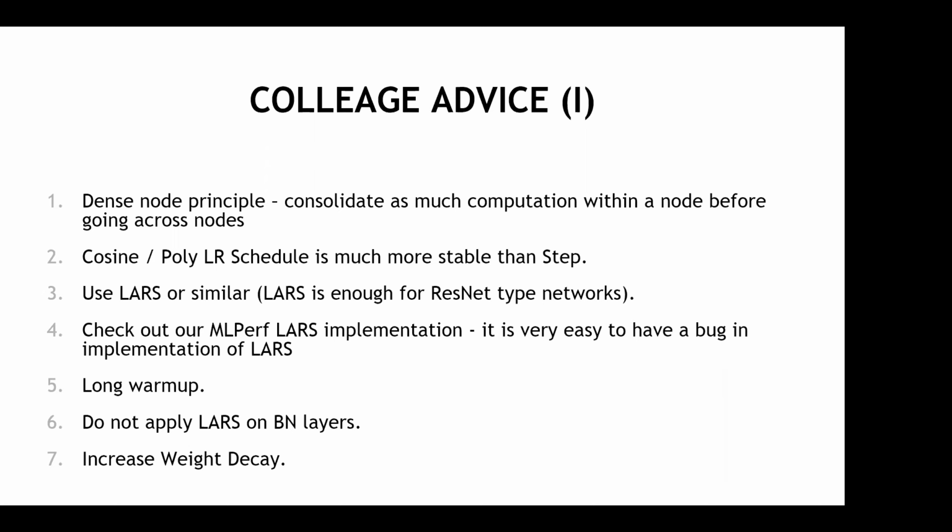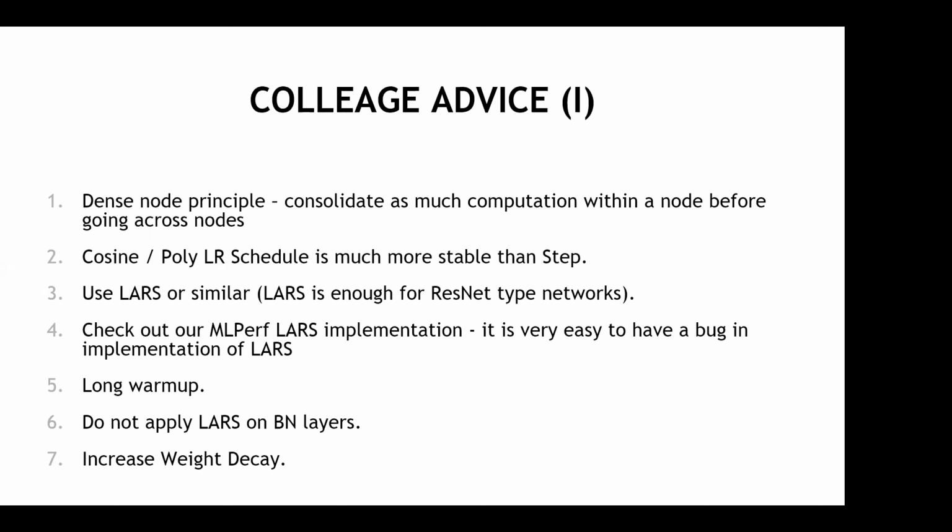If you need to go multi-node, it's better to use 2 8-GPU systems rather than 4 4-GPU systems. That's logical because there is some communication inefficiency because of that. So consolidate to the fewest number of systems you can.